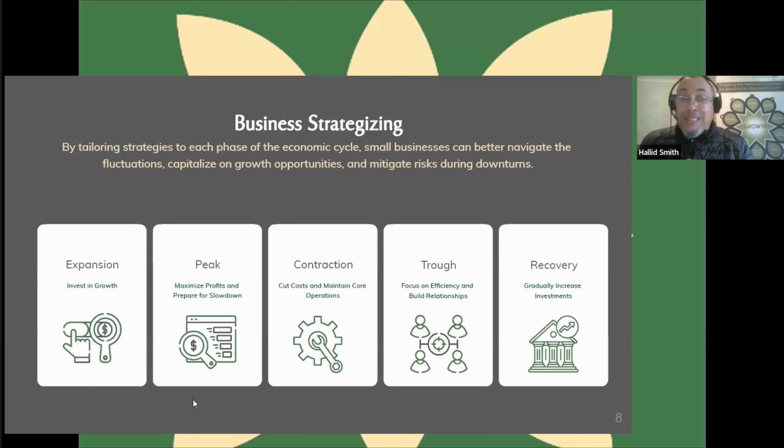You need to maximize. Remember, we mentioned before many, many times, we are in business to make money, not to be busy. So when things are going well, and we have operations and some work and some contracts, you want to make sure that you're making enough profit. You're making money during that time.